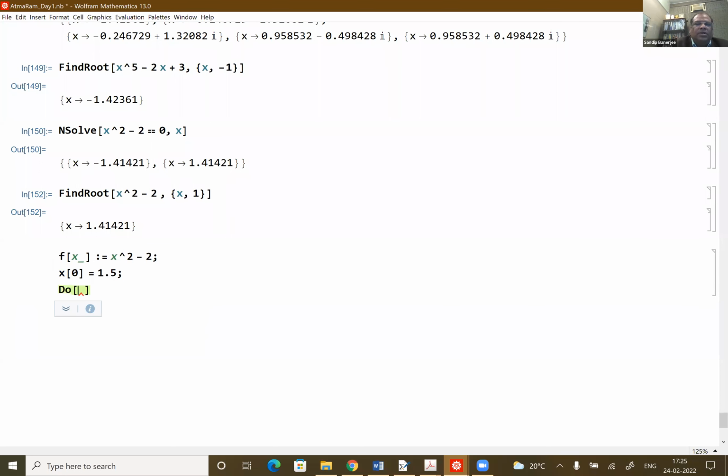So what I'm doing is I'm just writing the formula for Newton-Raphson.